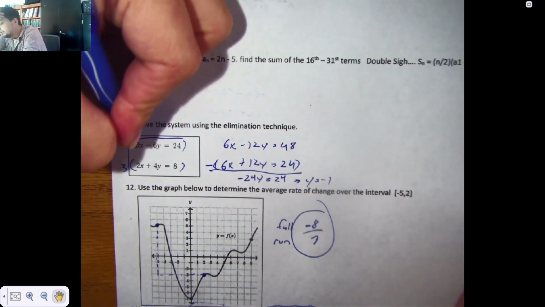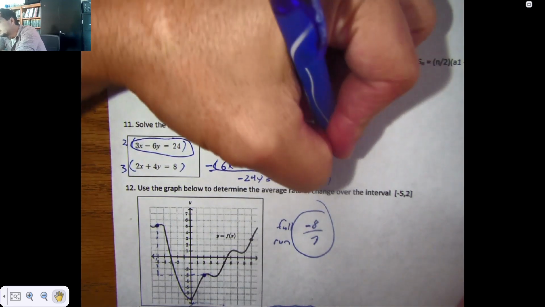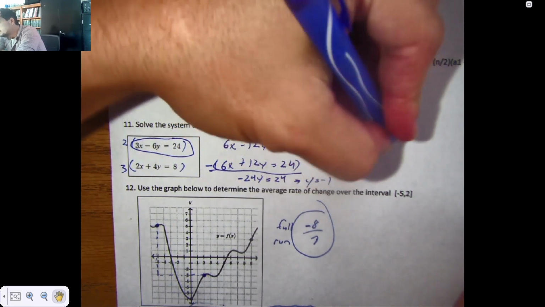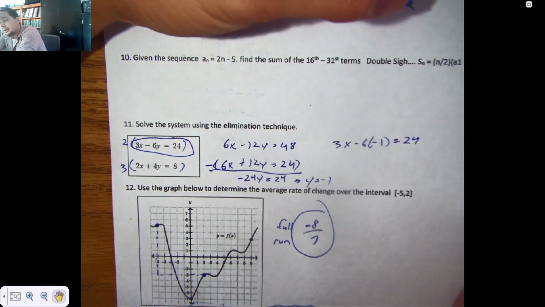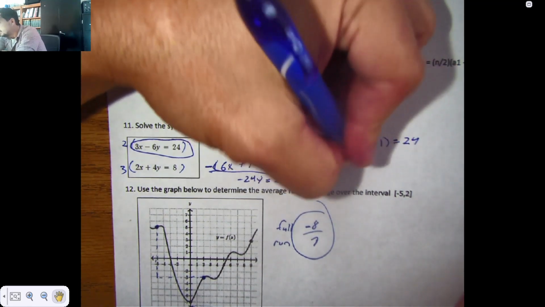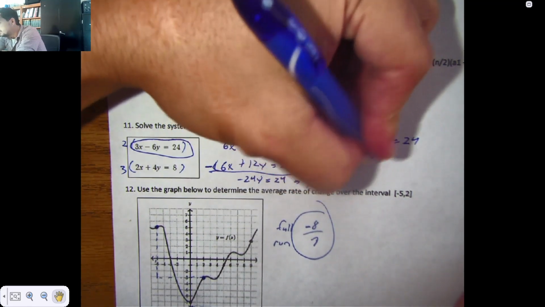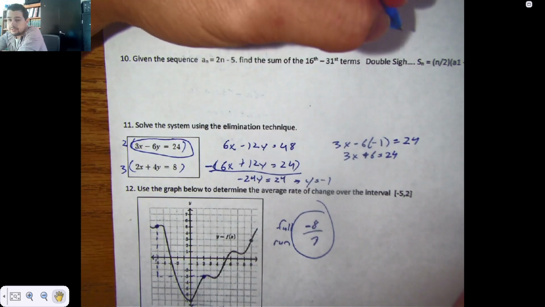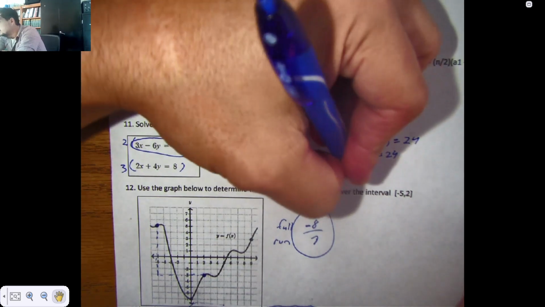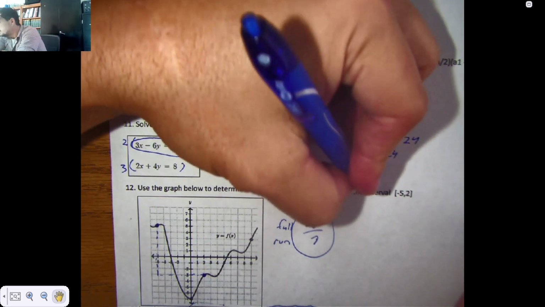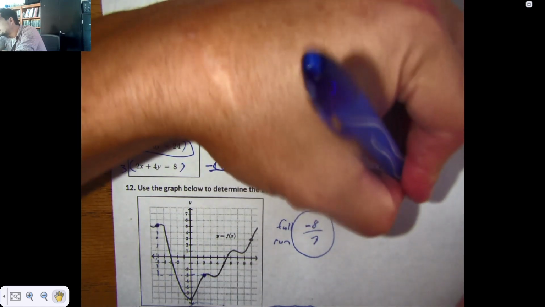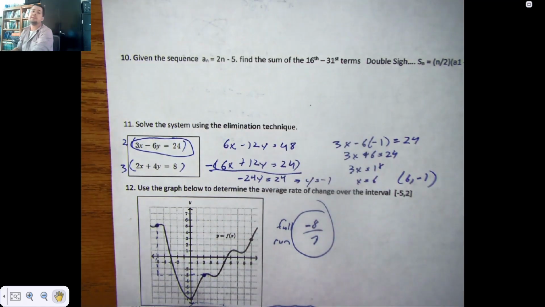I'm just going to go for this equation right here. 3x minus 6 times -1 is 24. Sorry, that's 3x plus 6 is 24. I don't know why I said add 6. I'm going to take away 6. So 3x is 18, and my x value is 6. I get the nice ordered pair of 6, -1.